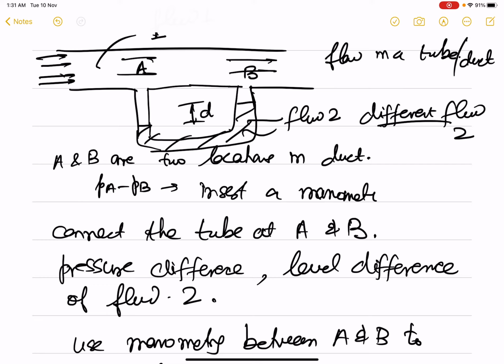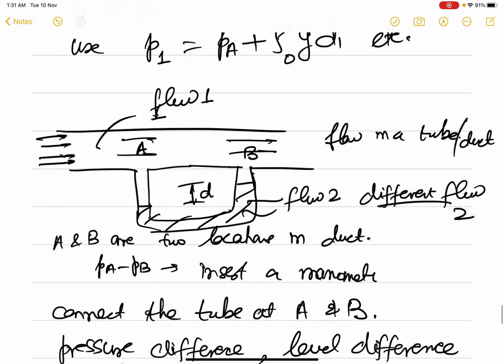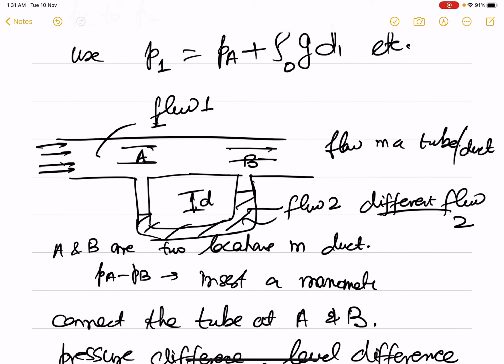And actually when you just connect the tubes, you will find that there is some sort of an oscillatory motion of fluid 2. But eventually, once the flow becomes steady, it settles down, we will see that the level becomes constant. So therefore, we can use manometry even though there is flow from A to B in the top part of the tube, but in the manometer, everything is static. So therefore, manometry can be used.